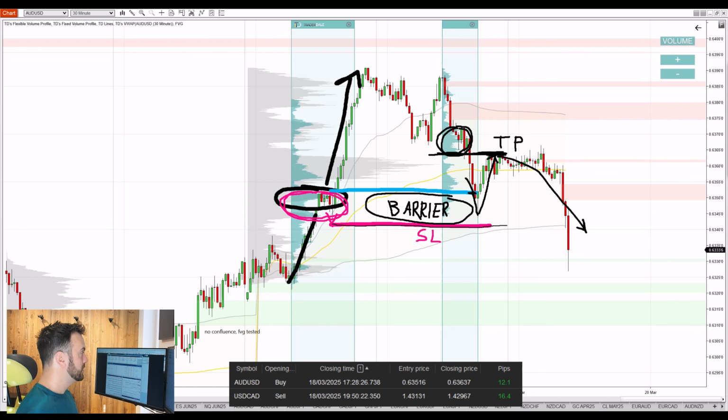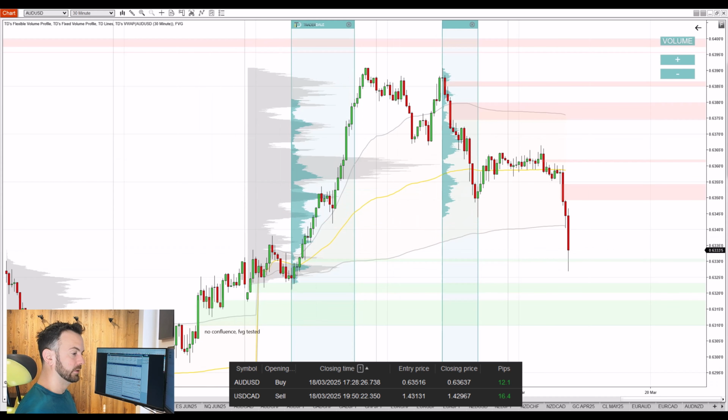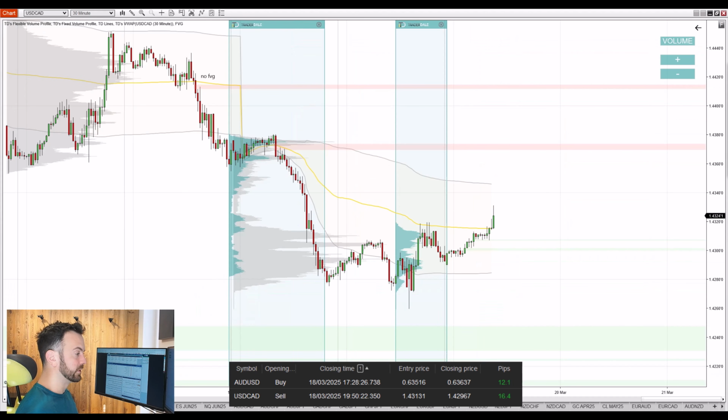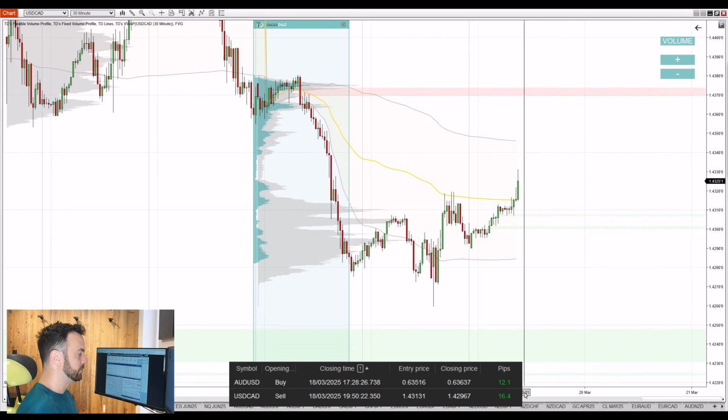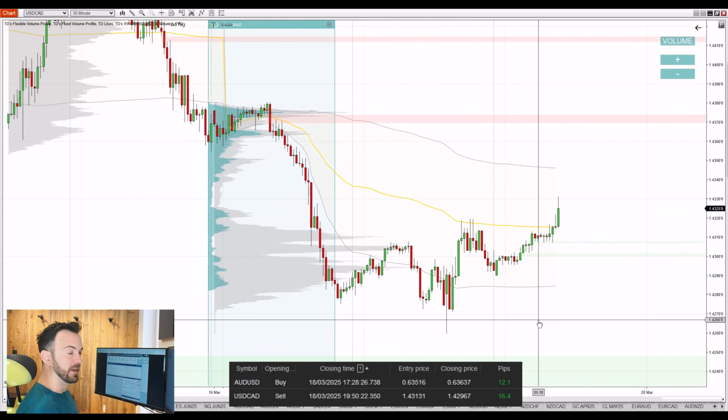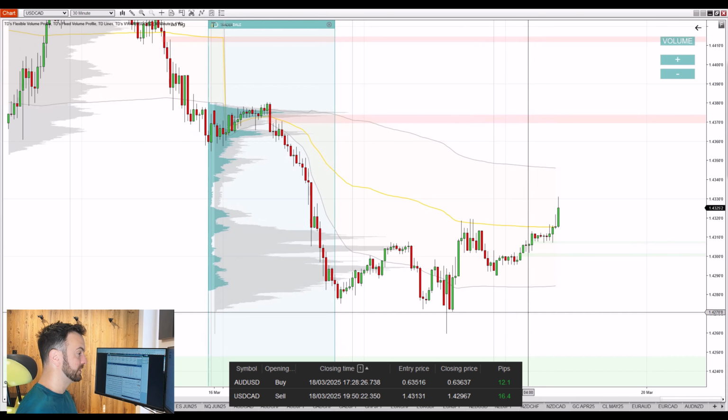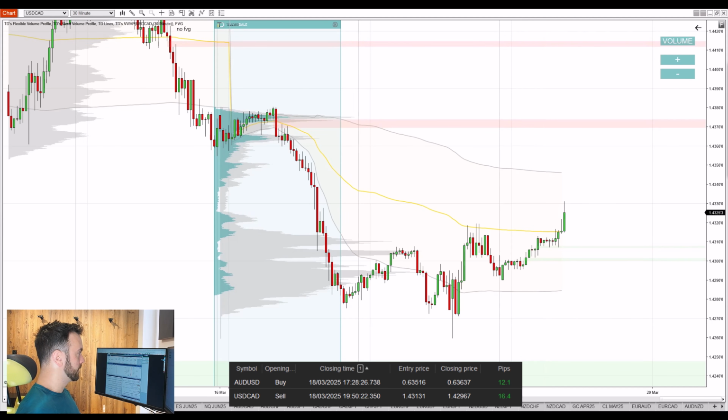And let me now switch over to the US dollar Canadian dollar. That was what the second trade was. And let me show you first what it was based on, alright? And then we will talk about stop loss and take profit placement. So, before you, this is the US dollar Canadian dollar 30-minute chart.